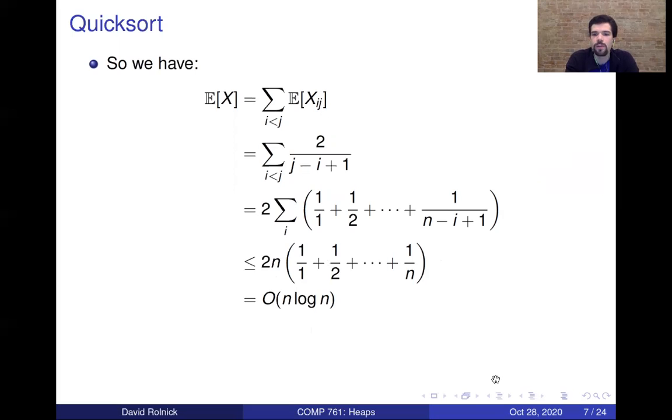What we wrote was that if you take 1 over 1 plus 1 over 2 all the way up to 1 over n minus 1, that is greater than or equal to log n. And if you take 1/2 plus 1/3 all the way up to 1 over n, then that is less than or equal to log n.